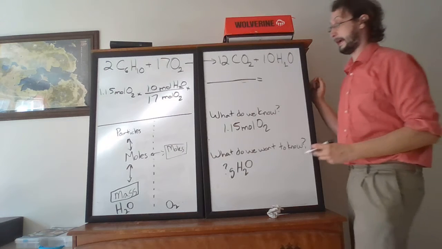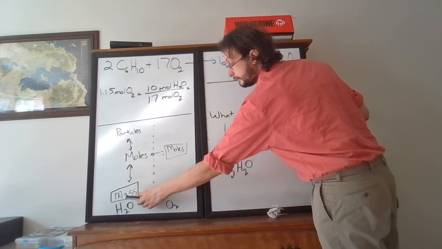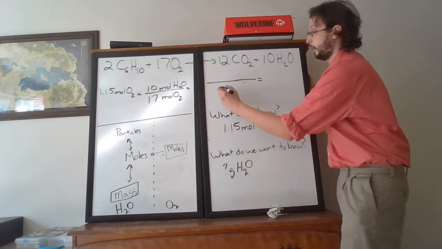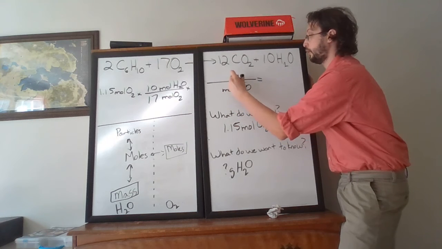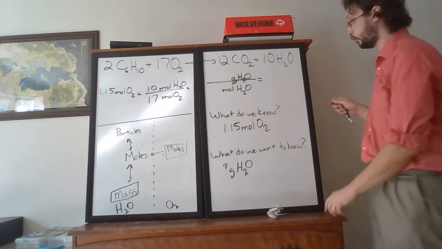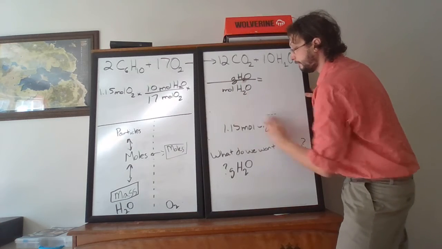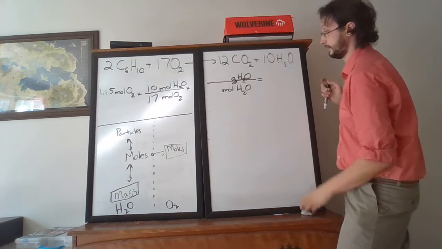For our second conversion factor, we're going from moles of water down to grams, mass of water. So we are going from moles of H2O to grams of H2O. Anytime you go from moles to mass, you need to find the molar mass, and that means looking at the periodic table and looking at those average atomic masses.